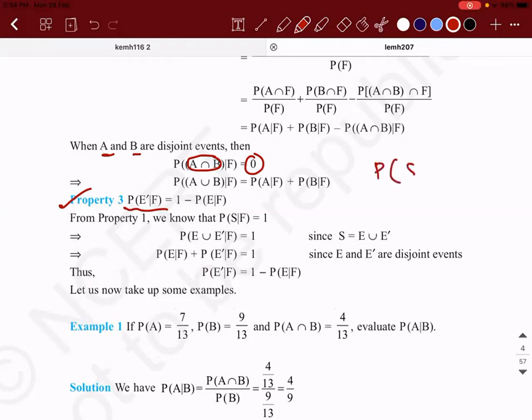So they're using the first property: probability of S given F is equal to 1. How can you write the sample space? The sample space is the union of E and E complement, so probability of E union E complement given F is equal to 1. Then what can we write this as? This is from property number 2.